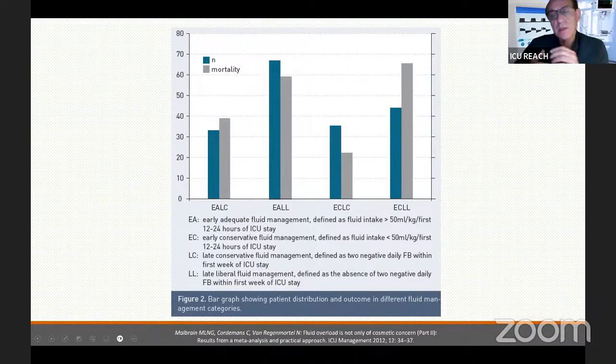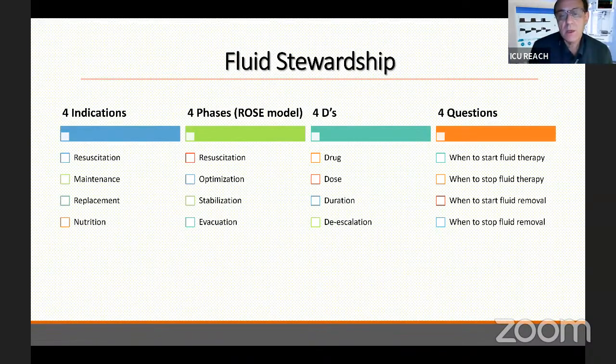This takes us to a new concept that we need to approach our fluids in the ICU, which is similar to the way we approach our antibiotics, fluid stewardship. And we have three domains under fluid stewardship. The first one, what is the indication? Are we using the fluid for resuscitation, maintenance, replacement, or nutrition? Where are we in terms of the four phases in the Rose model? And I will explain that in details.